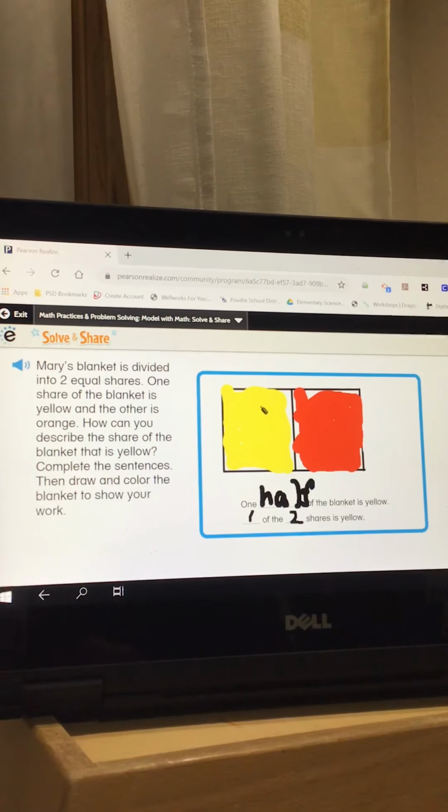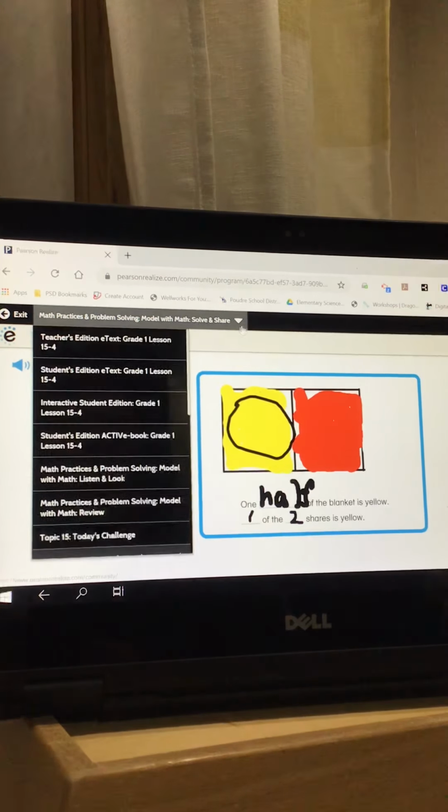Here's 1, 2, and 1 share, this share right here, is yellow. So I'll reread those sentences. 1/2 of the blanket is yellow. 1 of the 2 shares is yellow. And both of those mean the exact same thing.